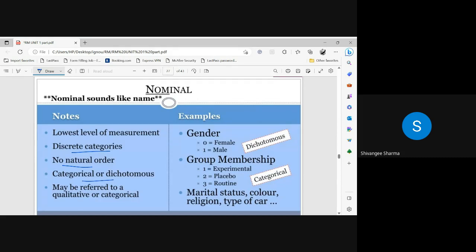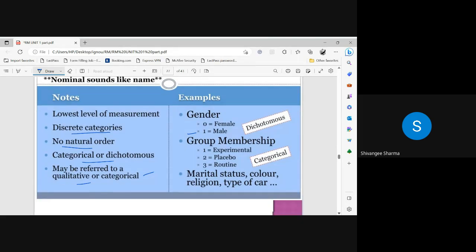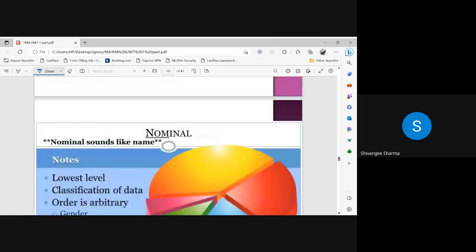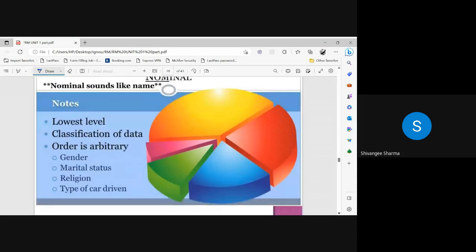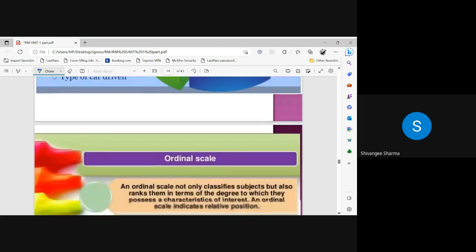Categorical and dichotomous, and may be referred to as qualitative and categorical, like gender, okay, group membership, experimental, placebo, routine, etc., which I told you earlier also. Now you should understand, it is the lowest level. It is only used for classifying, and its order is arbitrary. It's not in a particular set of order.